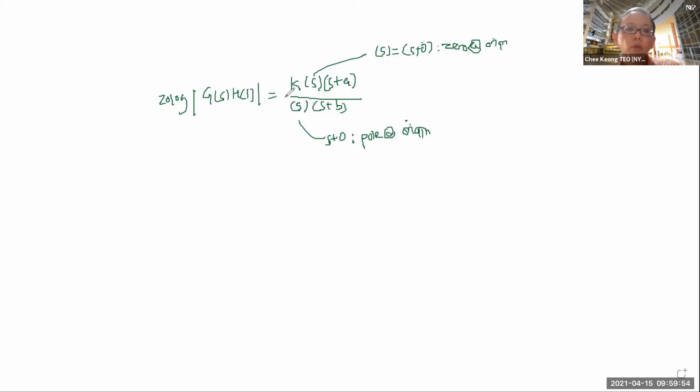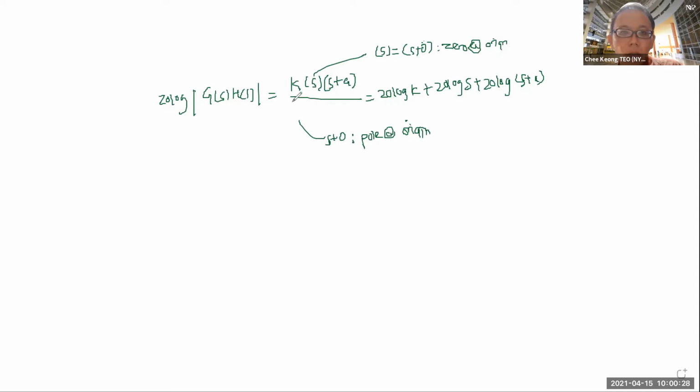So if you have a pure gain term, of course, when you do 20 log, each of these terms splits up, right? So it splits up into 20 log K, plus 20 log S, plus 20 log S plus A. So that's for the numerator part. Now let's say I change color for the denominator, S plus B, so that it's less confusing.